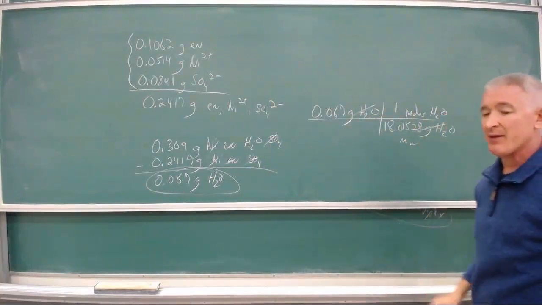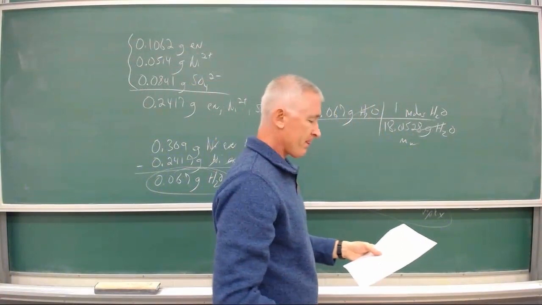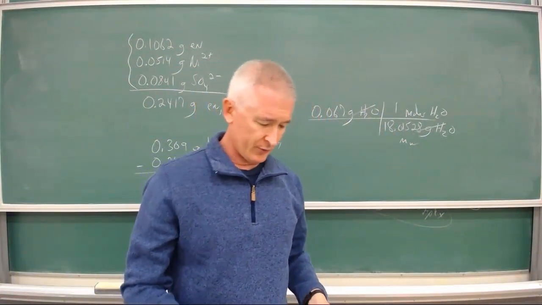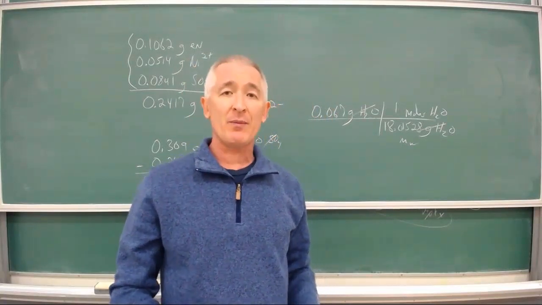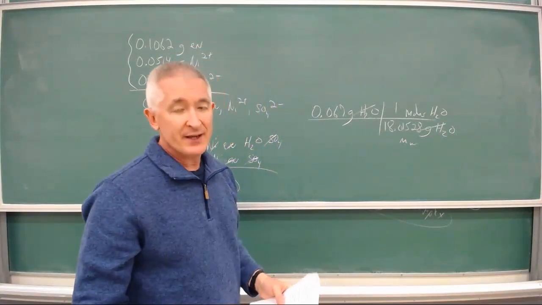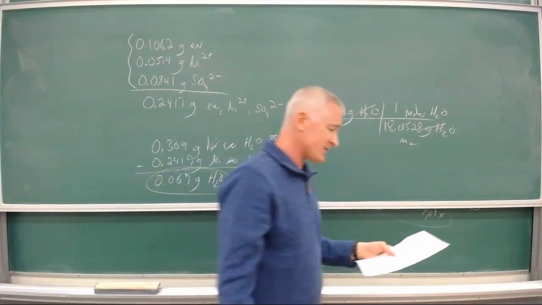You've seen that before. That's not hard to do. What did you get for moles of water? Did something like 0.003738369 show up on the display of the calculator? Yeah. Let's write it to the correct number of significant figures. It looks like just 2 significant figures on this particular calculation.